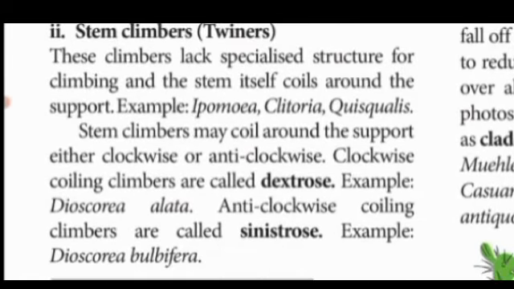The stem climbers, or twiners, lack any specialized structure for climbing. The stem itself coils around the support. Example, Ipomoea, Clitoria. Stem climbers may coil around the support either in a clockwise or anti-clockwise direction.